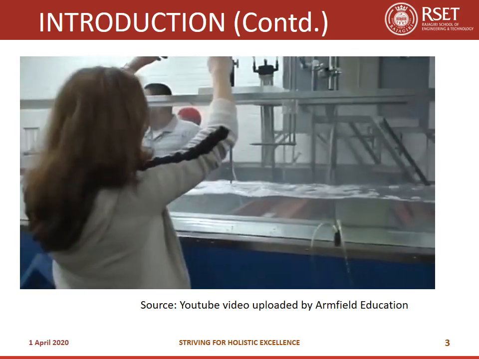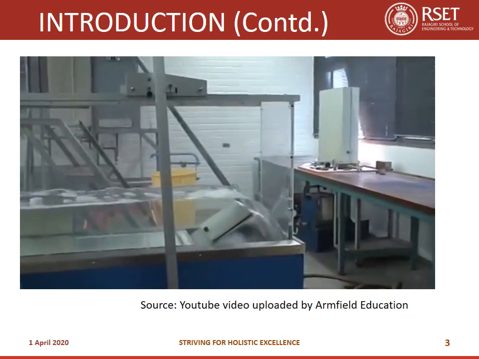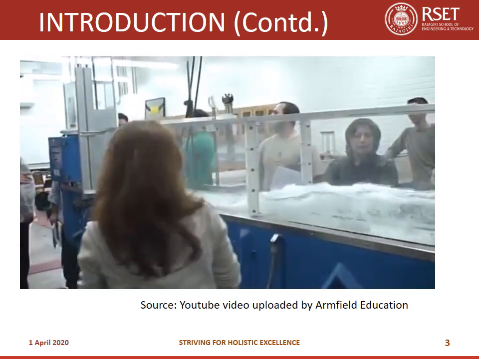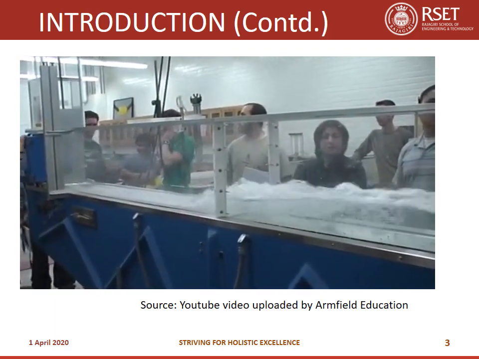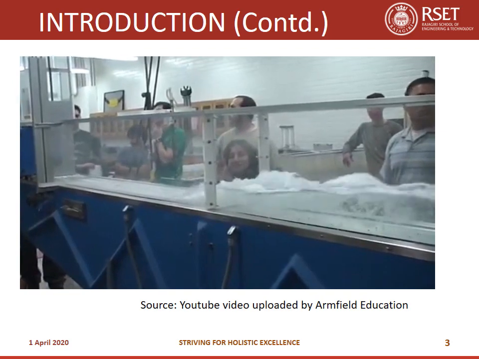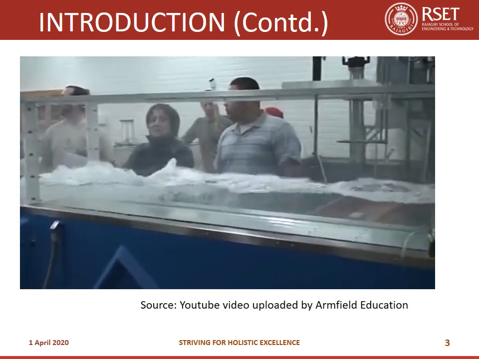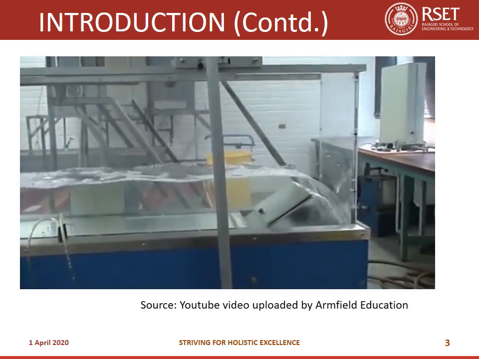You can see that the water is flowing. You can actually see the hydraulic jump taking place here. There, you can see the jump, the transformation taking place. That is the jump taking place from the upstream depth to the downstream depth.